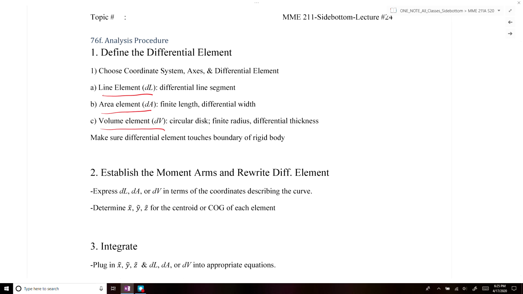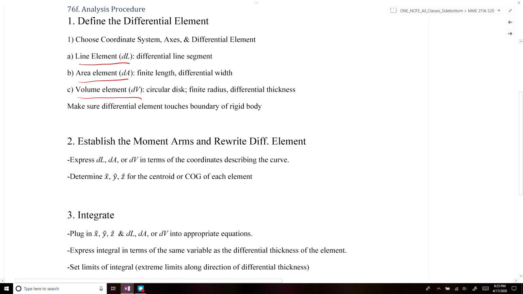And then once you have those elements defined, you need to define those three elements in terms of the coordinates or the functions of the curve or the rigid body that you're solving for. So you basically need to put everything in terms of a single variable so you can solve it.